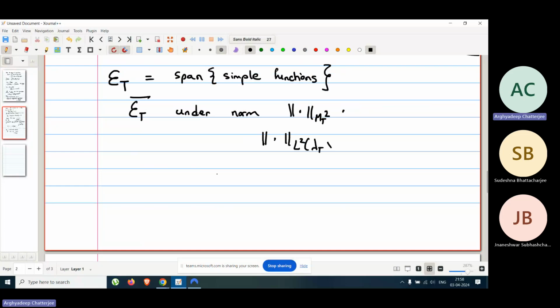L2 of lambda times P, like we saw, we will define this stochastic integral for all f belonging to this ET closure by the integral of f(t) dBt from 0 to t.